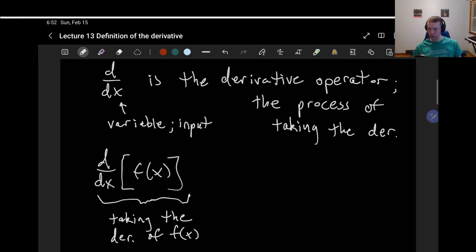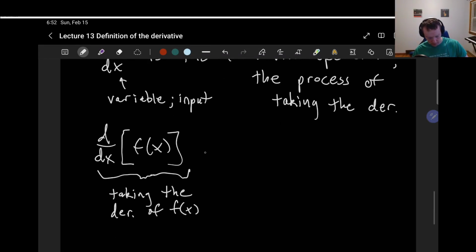So you take the derivative of f, and then there are three ways to write the outcome, and we'll mainly focus on two. Here's the least important way. I wouldn't worry too much about it. You can write it as df dx. For the operator, it just has a d in the quote-unquote numerator.